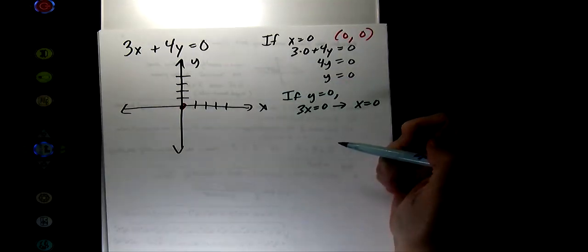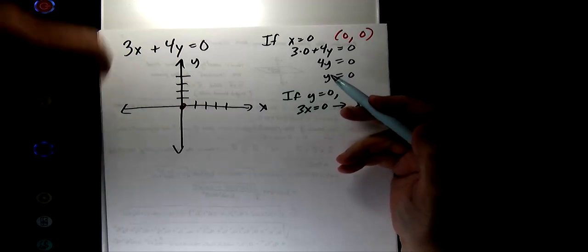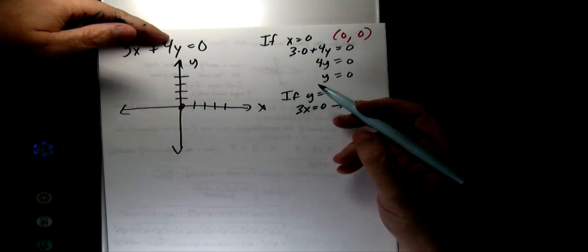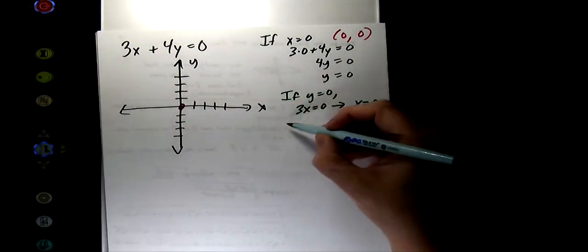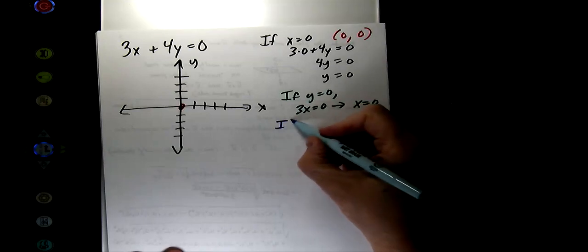So what can we do? I can pick another value. If I pick x to be the opposite number, it makes it kind of easy to find. Let's try x equals 4, you'll see what I mean. I'm picking x to equal 4 because it's the coefficient of the other number.